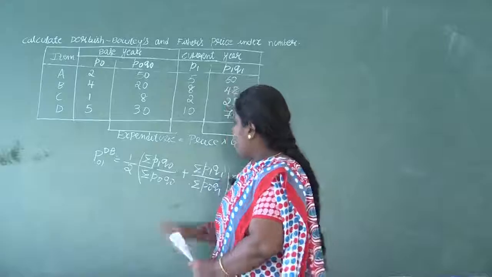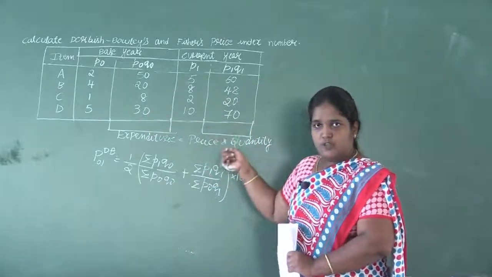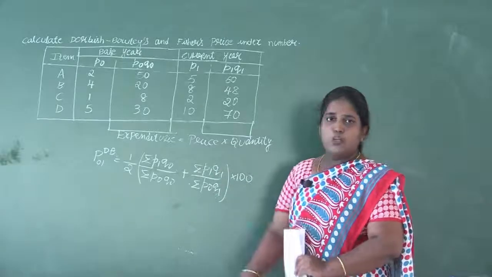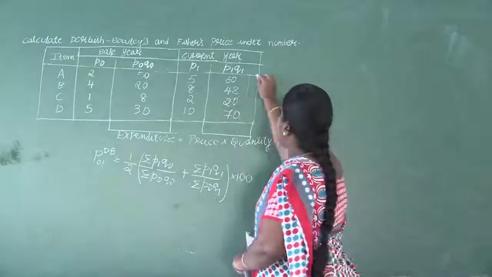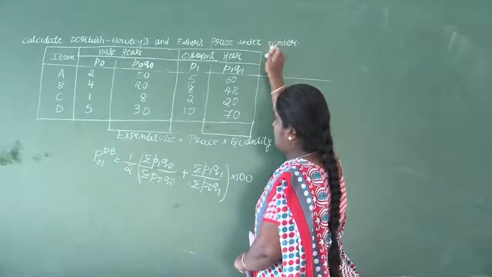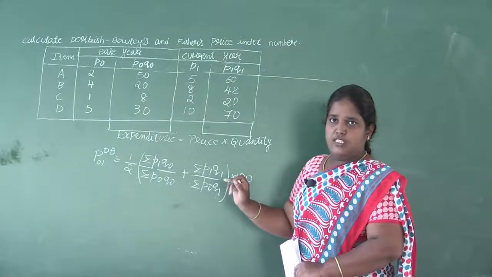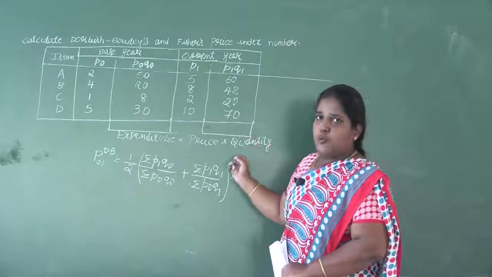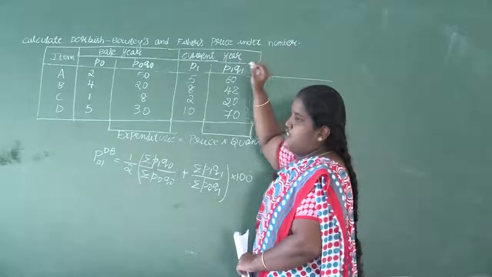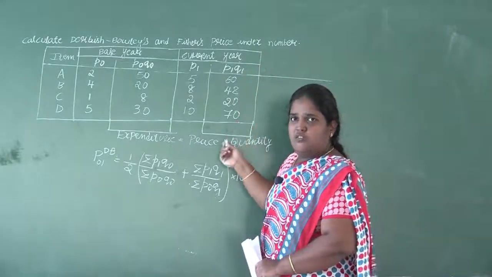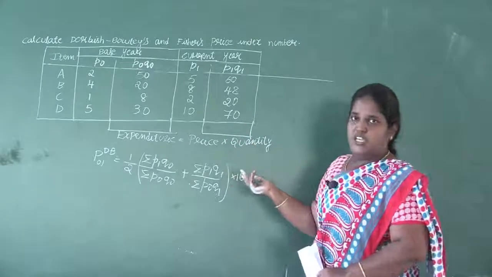For that, P1 and P0 values are given in the table, but we don't have the quantity value. So the first step is to calculate the quantity. Whenever expenditure and price are given, we have to find the quantity, then multiply. In the previous method, price and quantities were given, and we multiplied them.